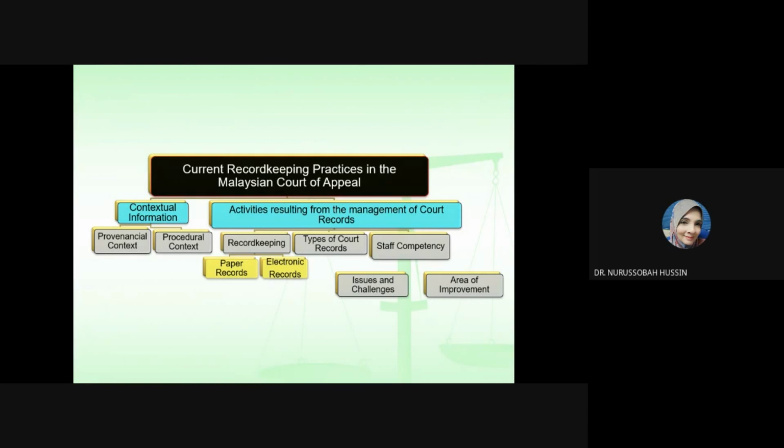Okay, so we have to preserve the evidence in terms of reliability, integrity, authority, authenticity, and so forth.